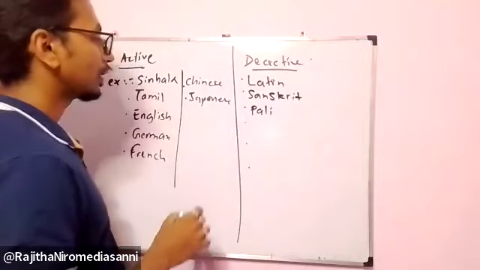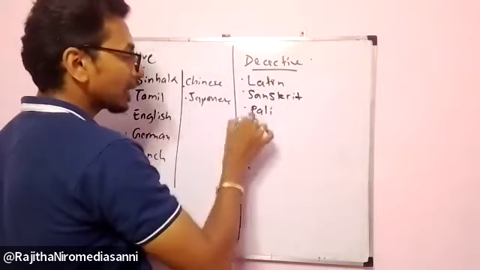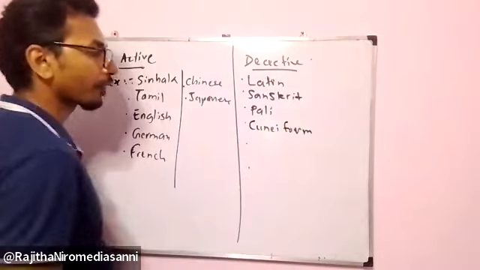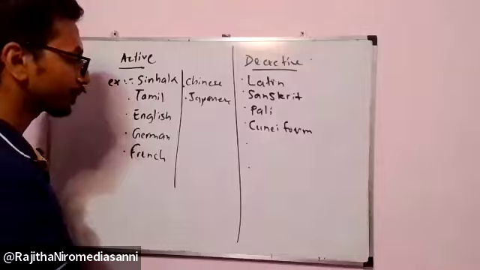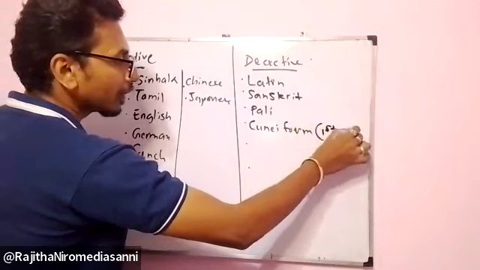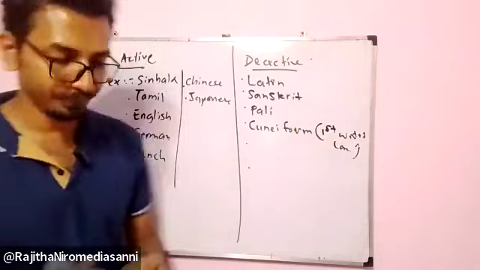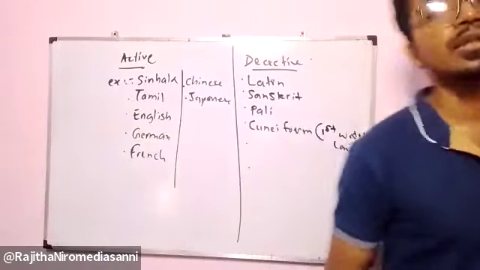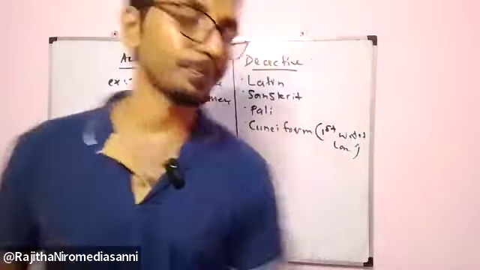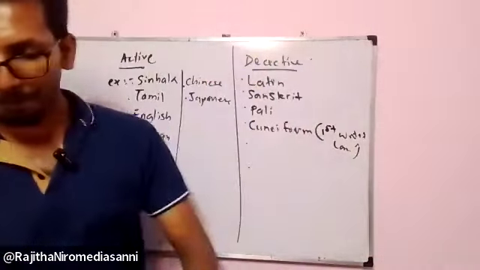And recently I told you about the Sumerian language, cuneiform. Put a bracket and write: first written language. The first written language is cuneiform, from the Sumerians of Iraq, over 4,000 years ago. Not a new thing. Tell me when you finish.